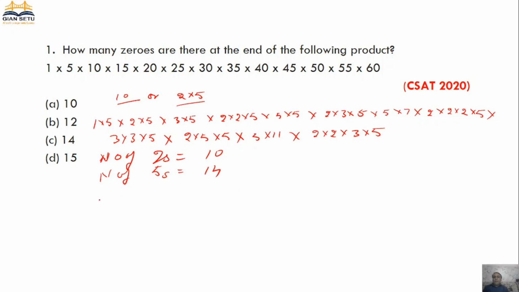Now, pairs of 2 into 5 will be 10. So we will get 10 zeros at the end of the final product. So the right answer is A here. Let's move to question number 2.